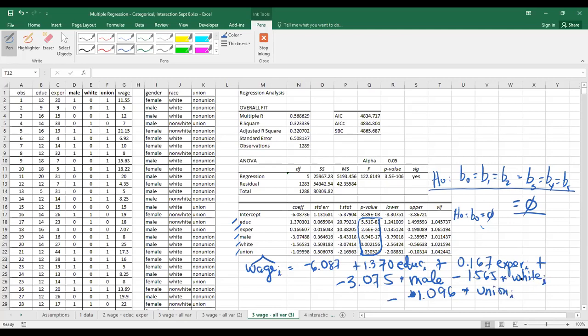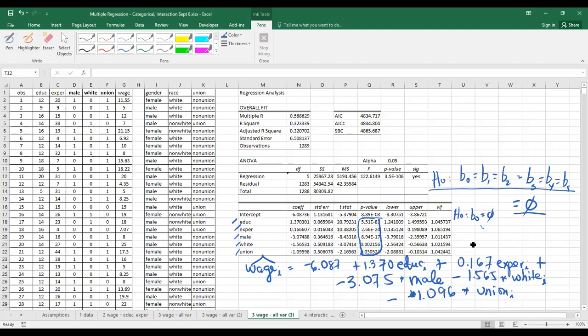Okay. Sige. And we know that all of them are significant kasi lahat ng mga p-values nila are significant, no? So again, may mga individual tests sila. H null, B1 is equal to 0, B2 is equal to 0, independently, no?